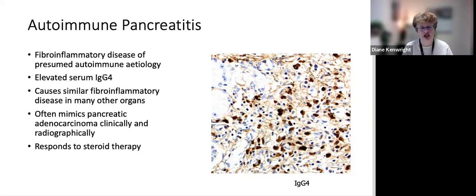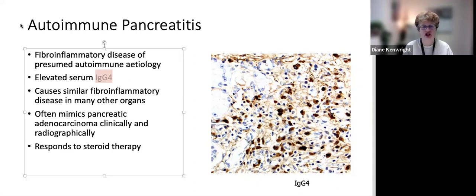It's one of the IgG4 diseases. So IgG4 is trouble. It is very, very good at causing fibroblasts to proliferate. It causes diseases such as fibrosis in the orbit, retroperitoneal fibrosis, and also can cause fibrotic pancreatitis.